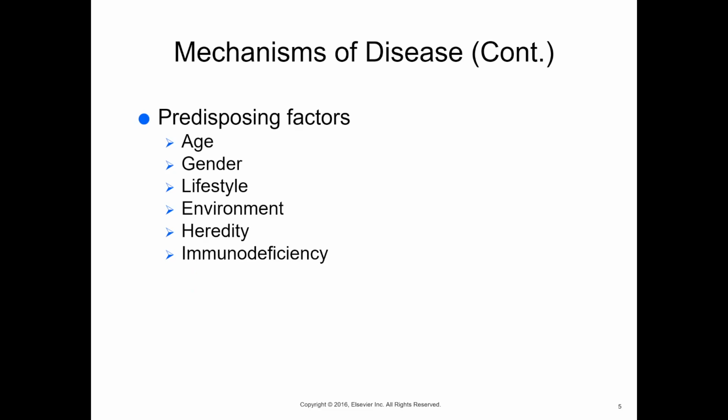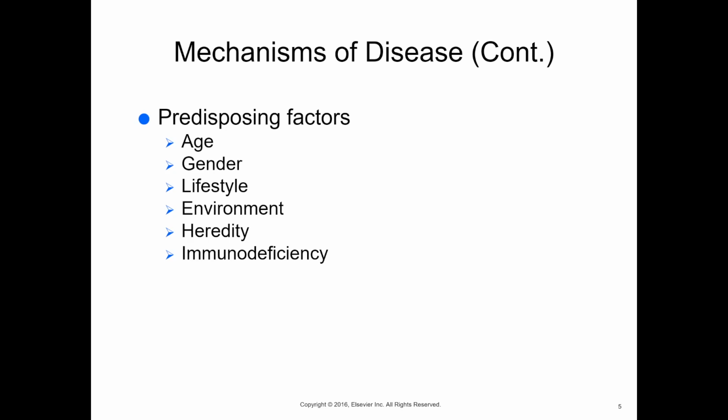There's plenty of predisposing factors to all different types of disease. Age, gender, lifestyle, environment, hereditary, and immunodeficiency factors are all major aspects of disease. Now, just because you have predisposing factors does not mean you develop disease, right? Using breast cancer as an example, we always talk about the BRCA genes.